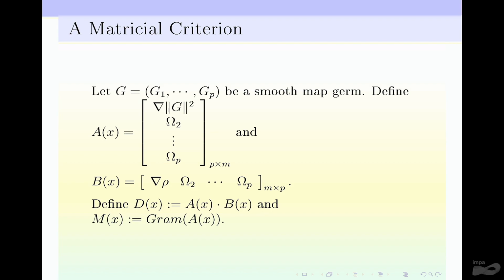B(x) and A(x) this way, and take the Gram matrix of A(x). This is the product between A(x) and the transpose of A(x).